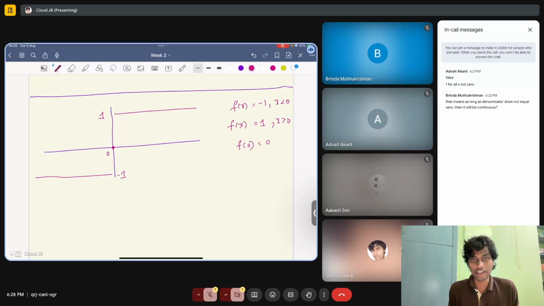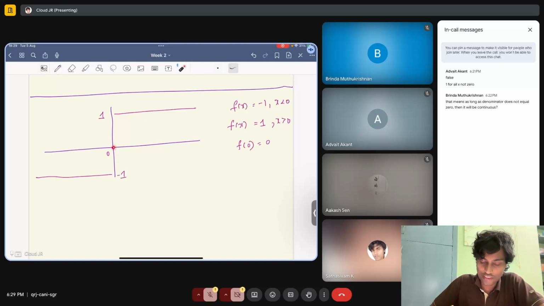Now, if you have a discontinuity like this, is this a removable discontinuity? Can I just change this one point and make it a continuous function? You cannot do that, right?